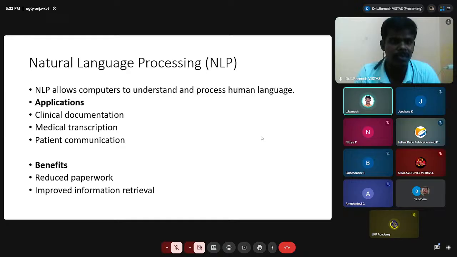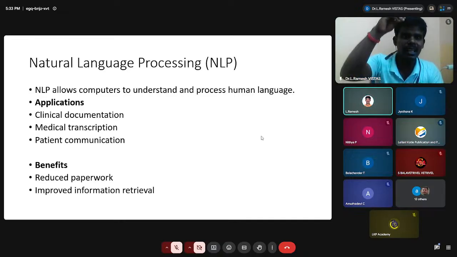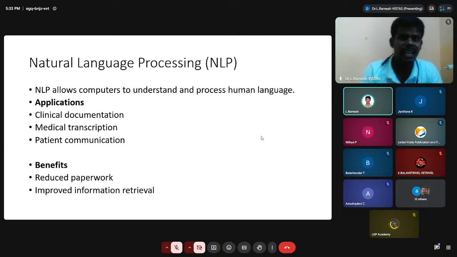So there are three types of applications in NLP: clinical documentation, medical transcription, patient communication. So clinical documentation involves the computer understanding the human language, to improve the performance of clinical documentation, automatically preparing the documentation.